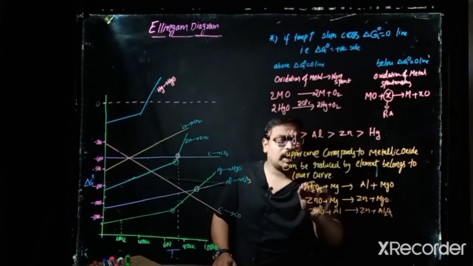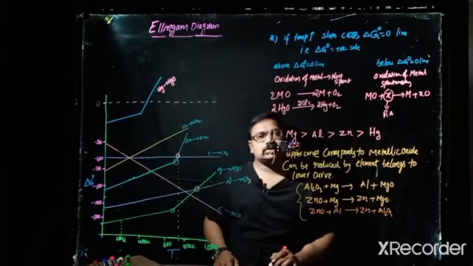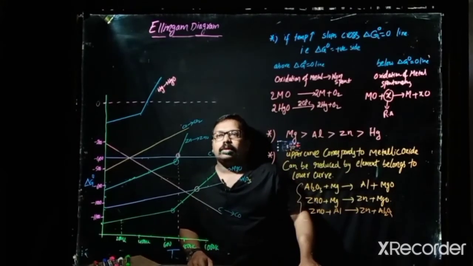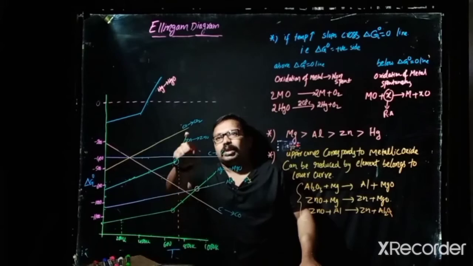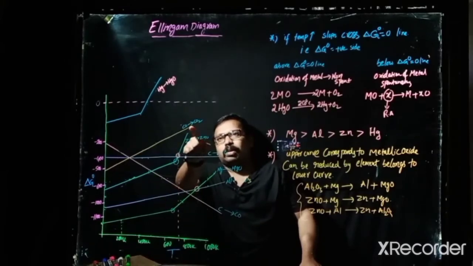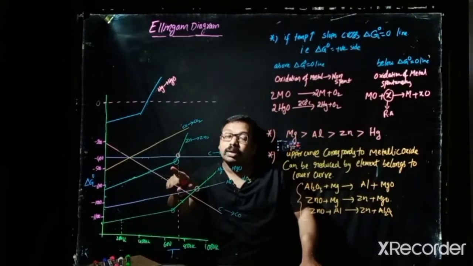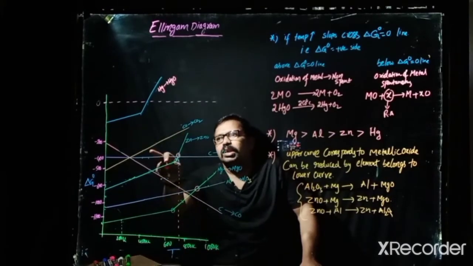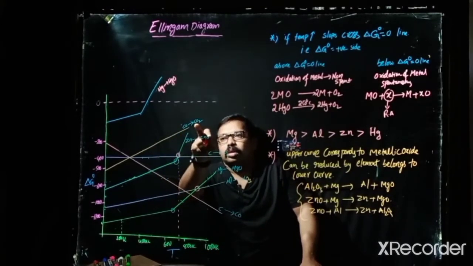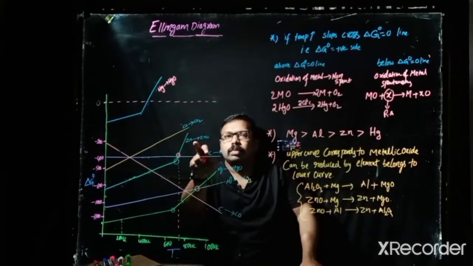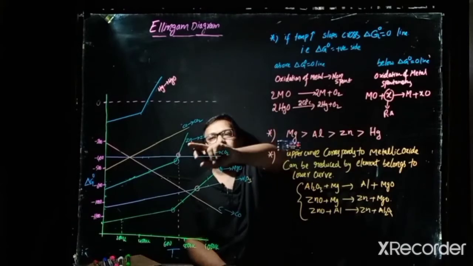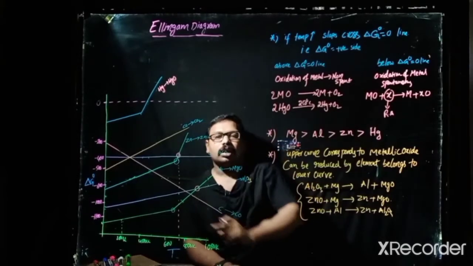Here I am not balancing the equations, I am just explaining this point. Similarly, carbon dioxide can be reduced by zinc. Why? Because its curve is above and the zinc oxide curve is below. So zinc metal can reduce carbon dioxide.